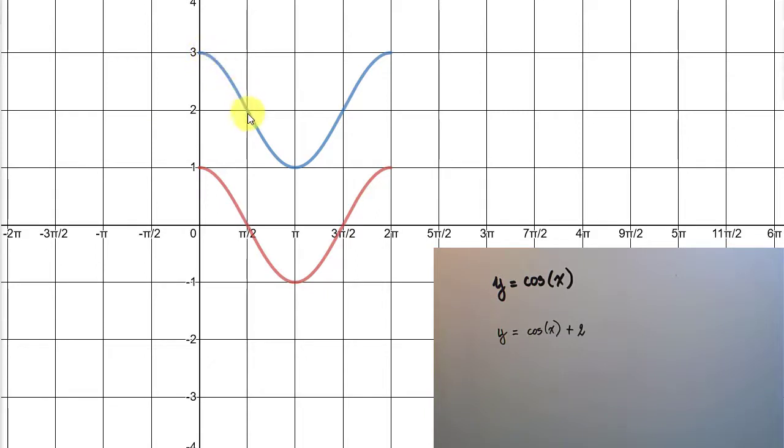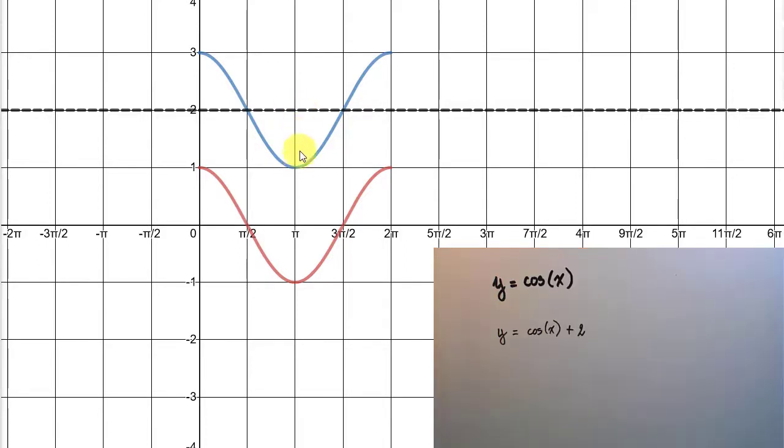Here is our function, cosine of x plus 2. To make it clear, I'm also going to put in the center line so that we can recognize it more clearly. As far as amplitude, once I put the center line up, the amplitude is found from where the center line reaches up to the high peak, and from where the center line reaches down to the bottom peak.